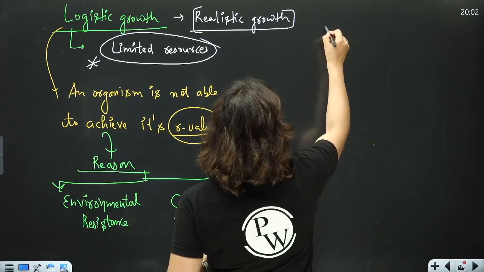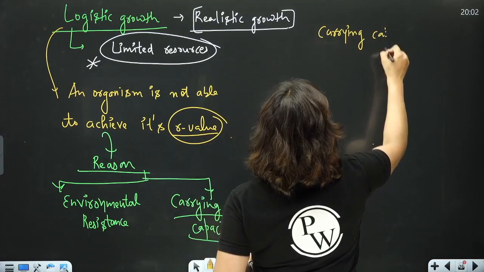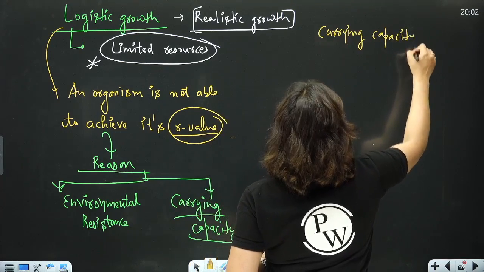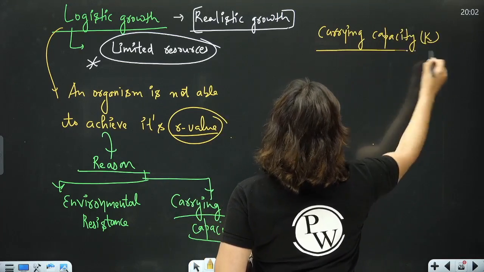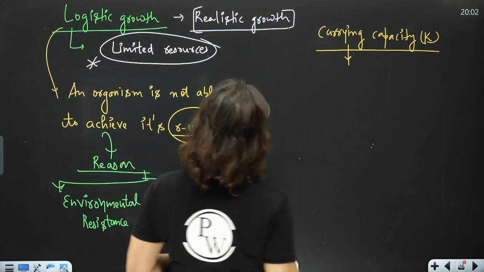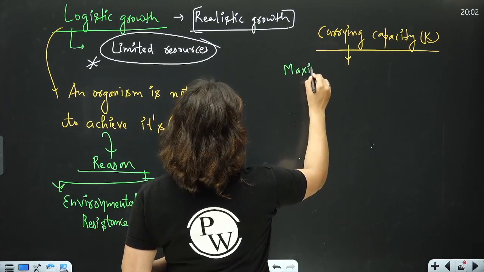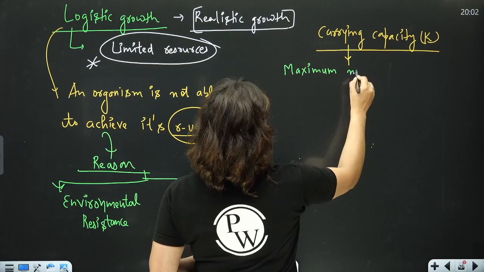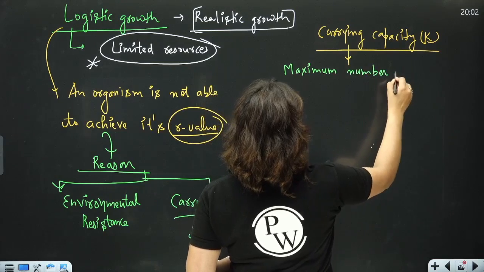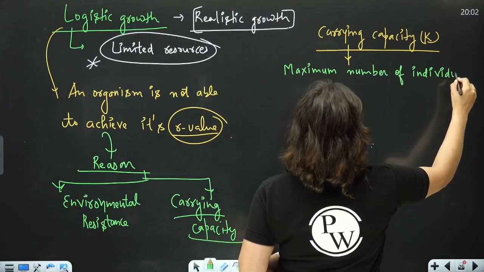So let's understand first what is carrying capacity. Carrying capacity is represented as K. We will say that it is the maximum number of individuals an ecosystem can support.